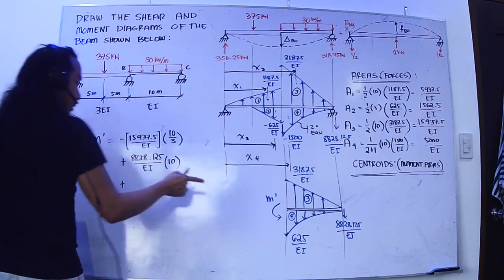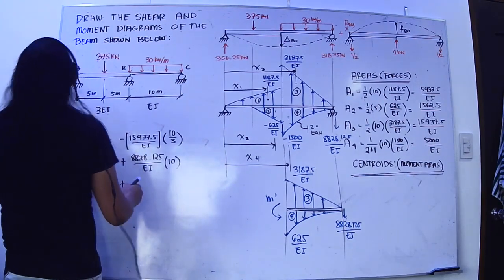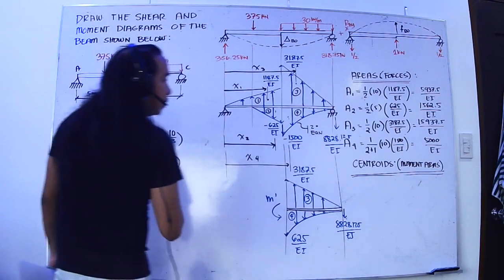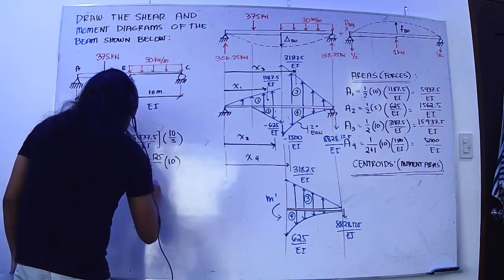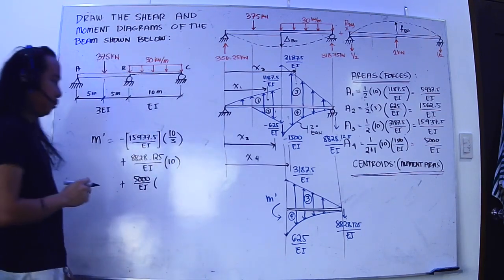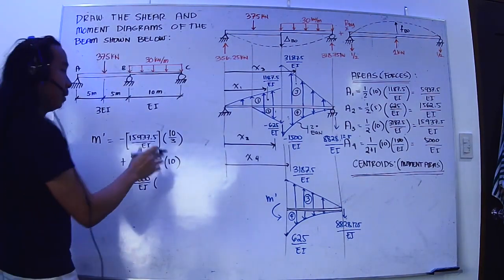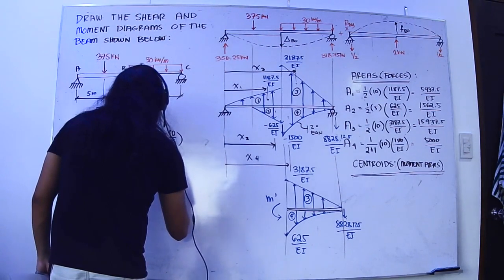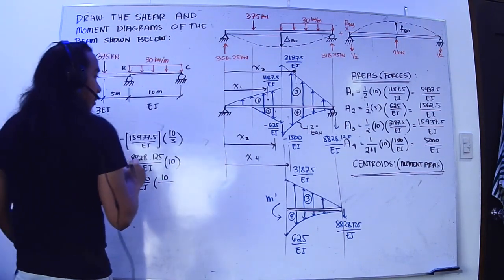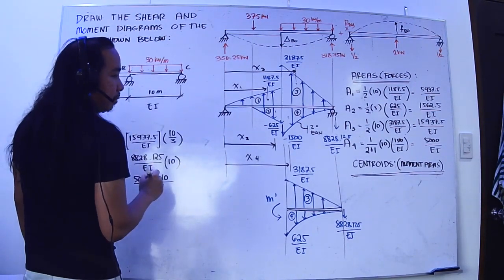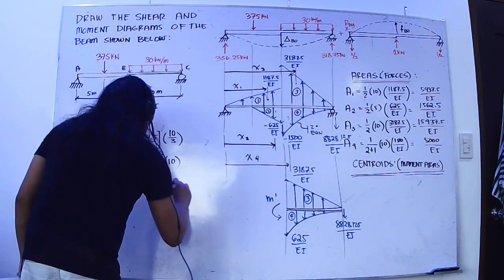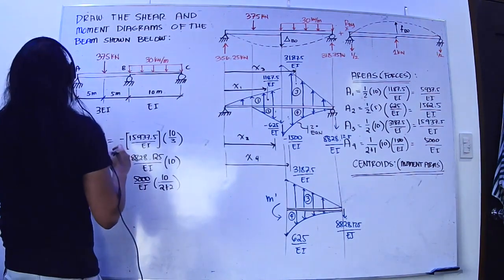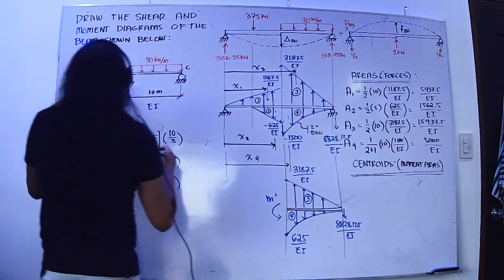Then plus also here, which is equal to the area of number 4, which is 5,000 over EI, multiplied by its moment arm here, which is 10 divided by 2 plus 2? 2 plus 2, I think so, that's right.